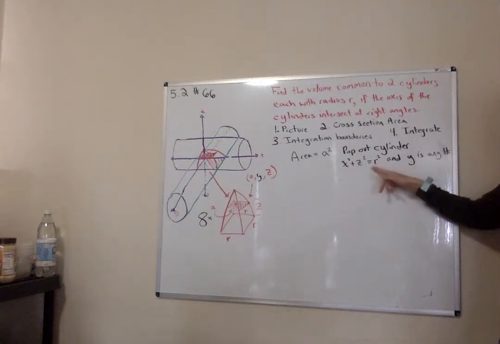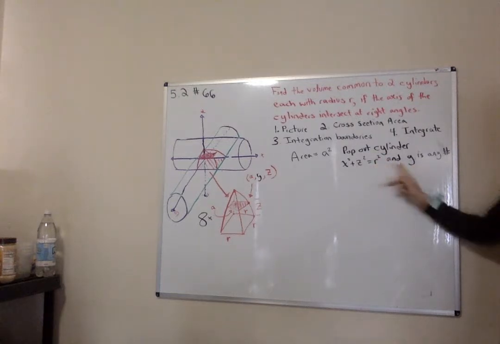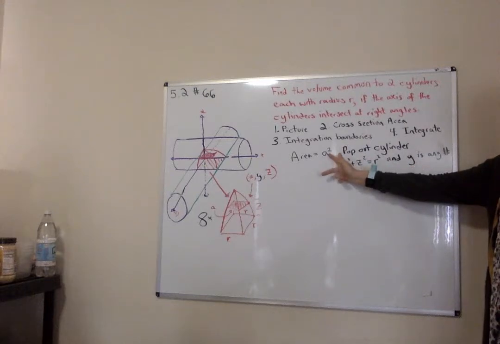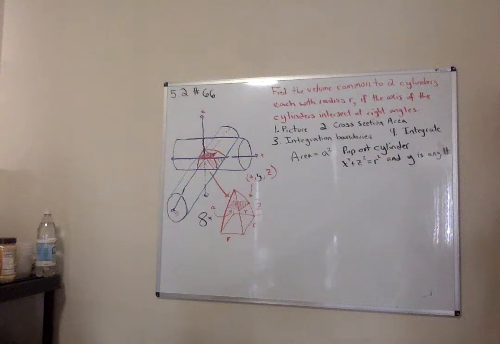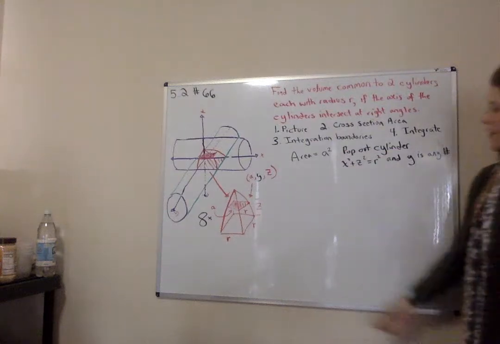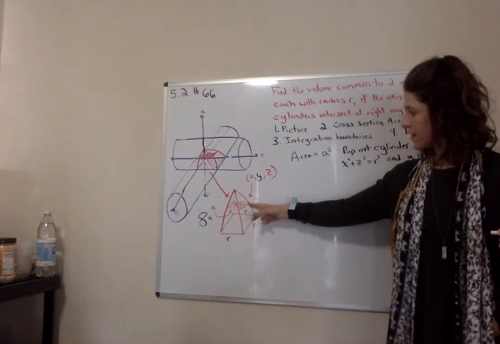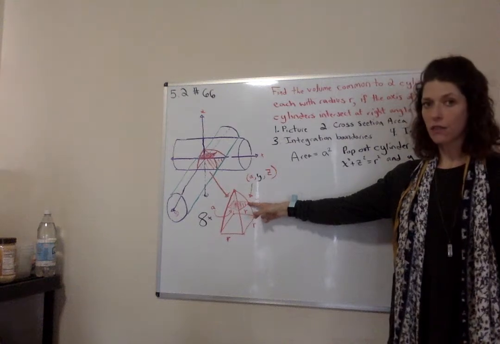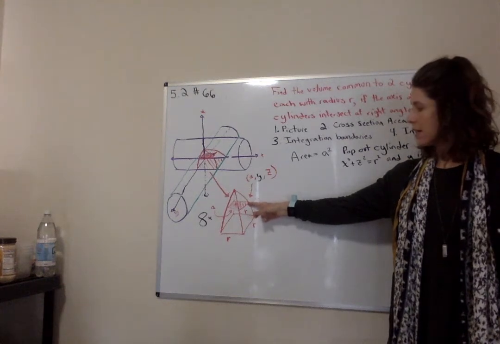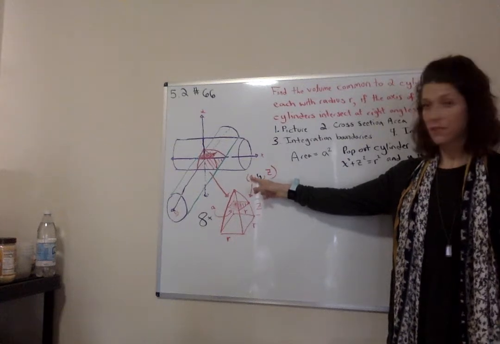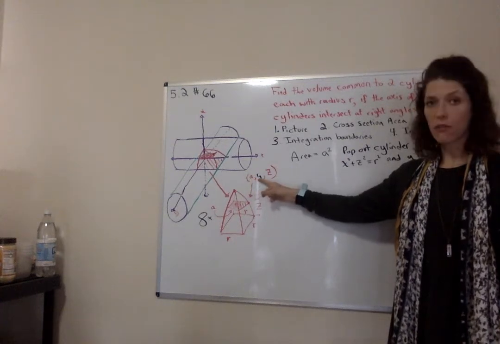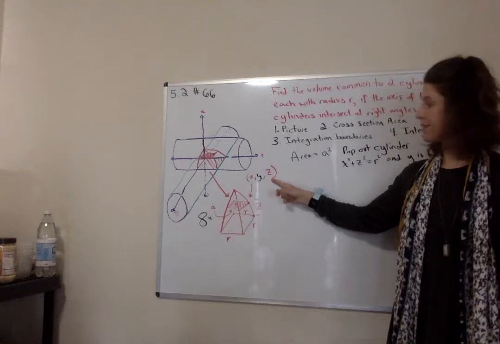I want to use this relationship to write a squared in terms of r and one of my other variables. This point here is actually on one of the cylinders, and it corresponds to the point x, or a, any value of y, and then z.